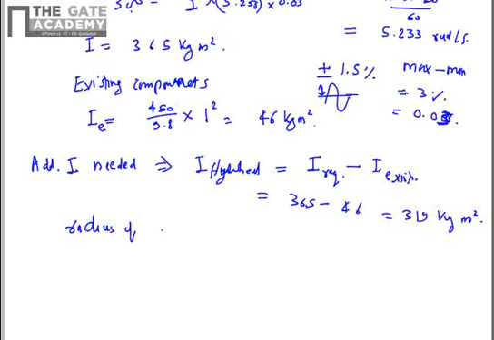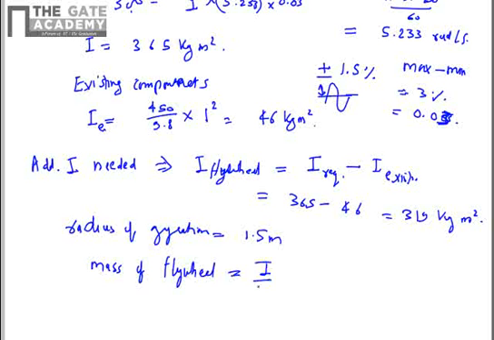Now the radius of gyration is provided as 1.5 meter. So the mass of flywheel will be equal to I by k square, radius of gyration square, because I is equal to mass into k square.